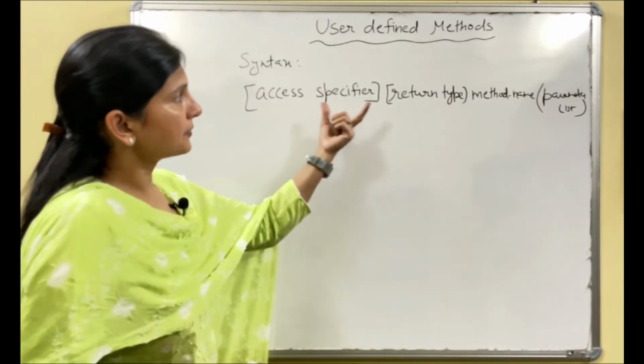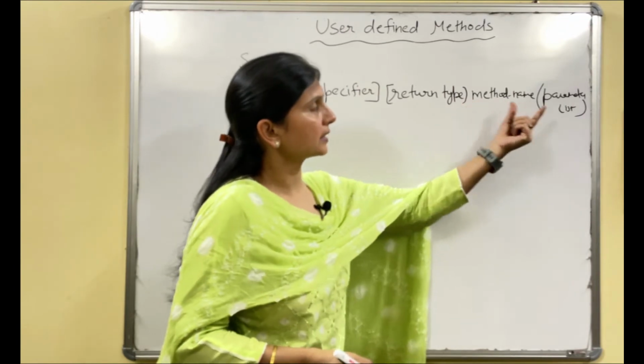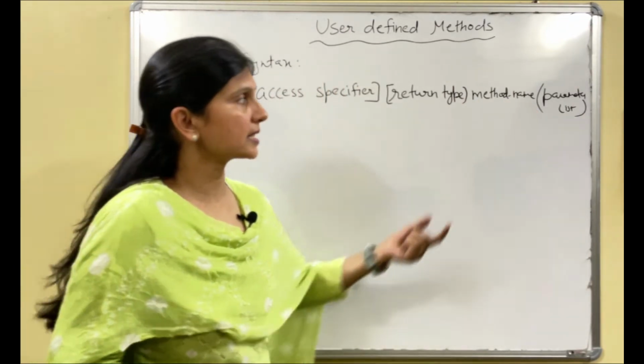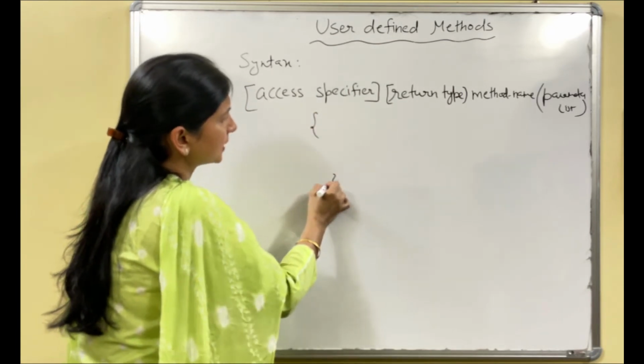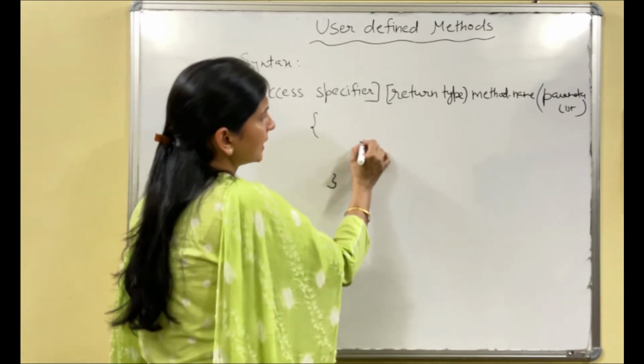So access specifier, return type, method name, and in parentheses we pass the parameter list. Then curly braces open, curly braces close, and the task.